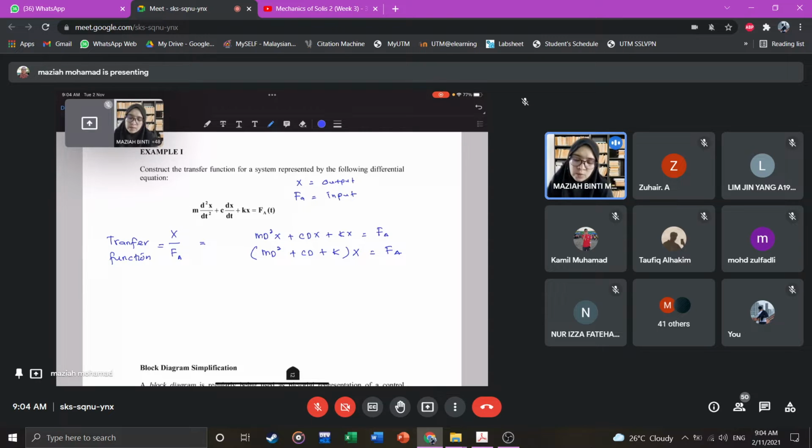In terms of transfer function, it becomes X over FA is equal to 1 over (M D squared plus C D plus K). So this is the transfer function.